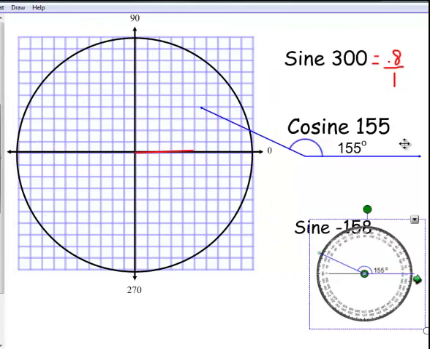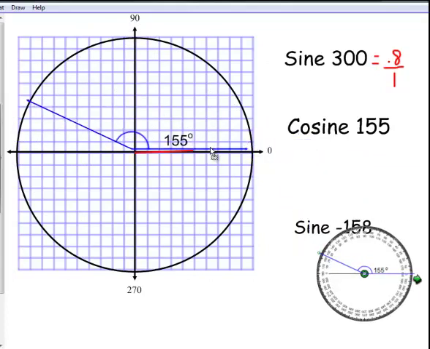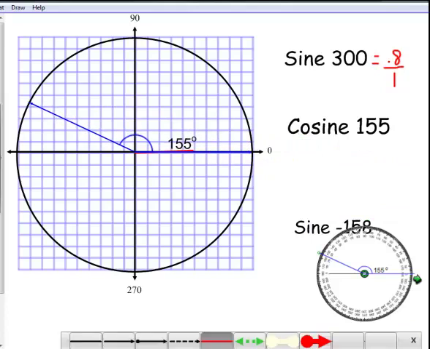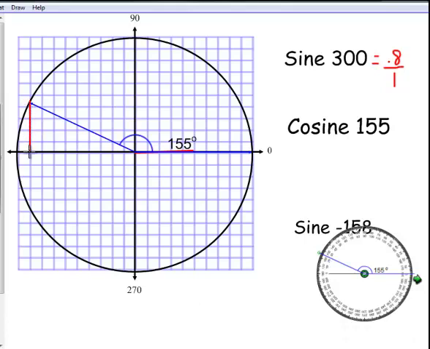Let's take 155, let's put it over here, and let's make a triangle out of this 155. We'll drop, touches the unit circle right there, so we'll drop down. This is how far we want to cross. And there we go. There's my unit circle.